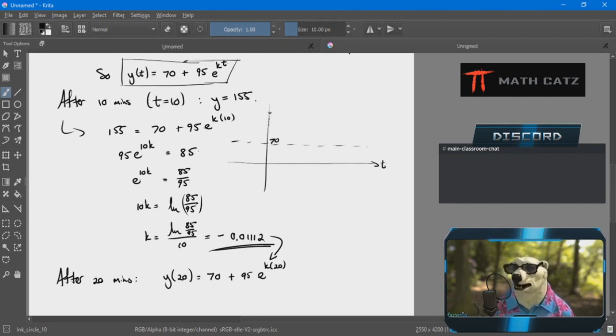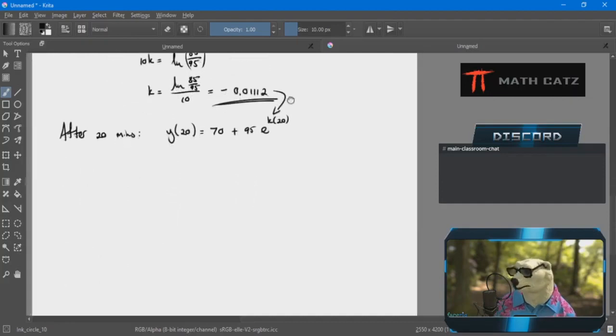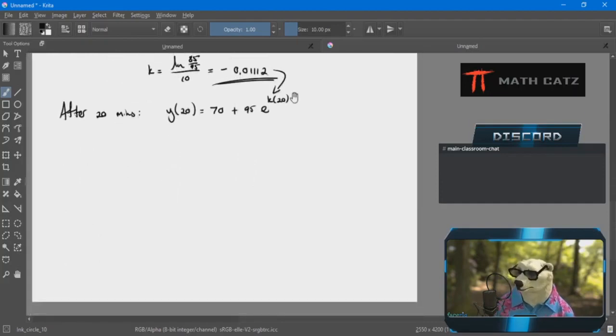It starts at 165 up here, and I'm going to exponentially go down towards this as my horizontal asymptote because k, the exponent, is negative. So it is modeling the appropriate situation.